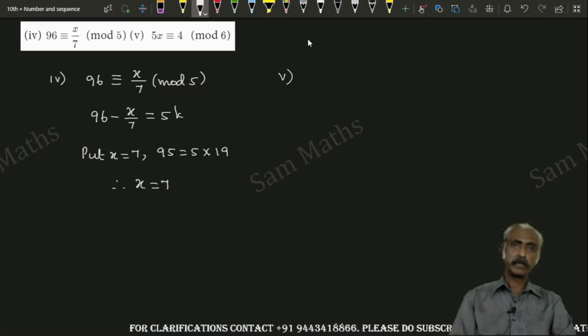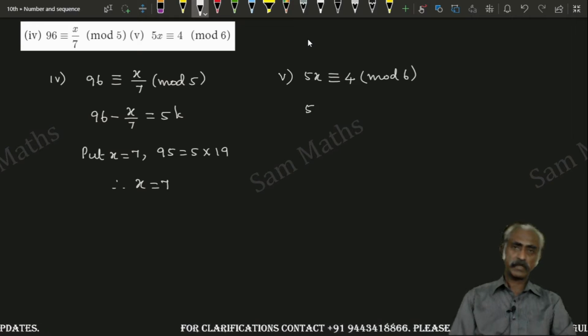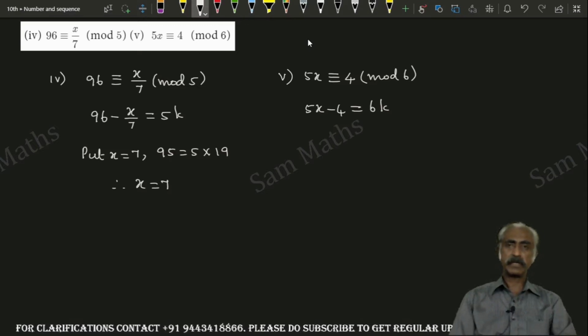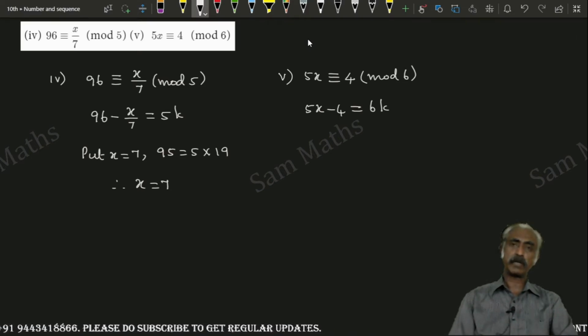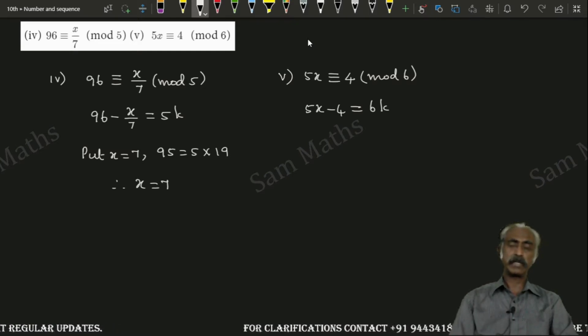Fifth subdivision, it's given 5x is congruent to 4 mod 6. This we can write as 5x minus 4 equal to 6 into k. So left hand side we have to create a number that is a multiple of 6. If you find it difficult, you just check one by one. x equal to 1, 5 minus 4, it's not. 2, 10 minus 4, we are getting 6 into 1.